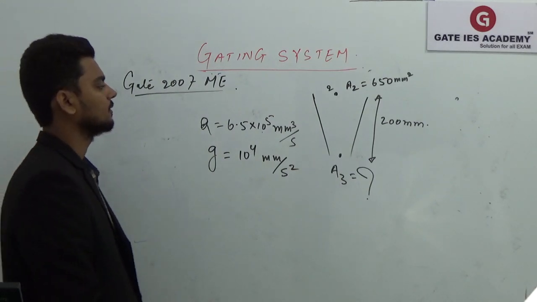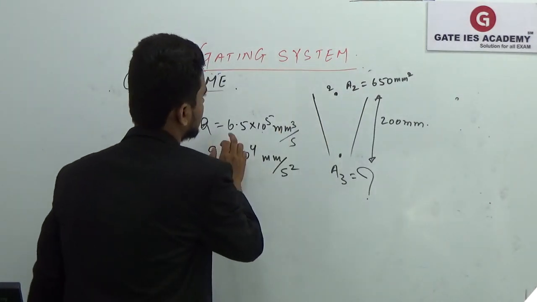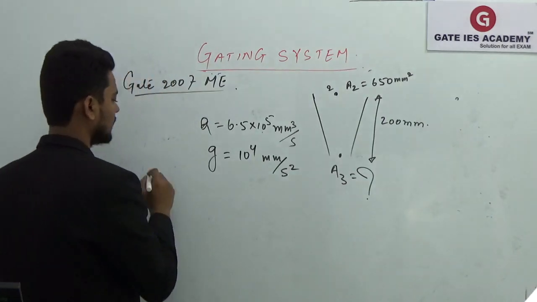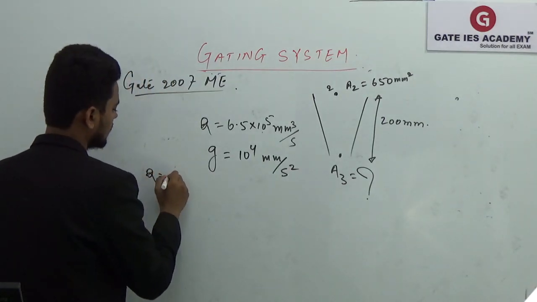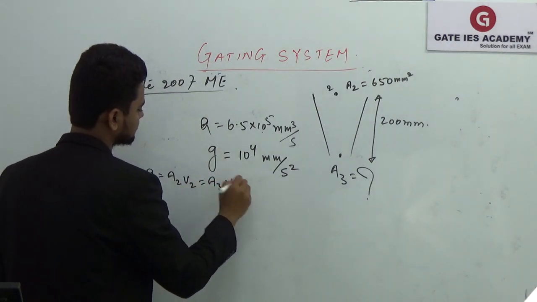Now what we will do is, A2 is given, we know the discharge, so obviously we can find out the V2. We know that Q equal to A2 V2 equal to A3 V3.